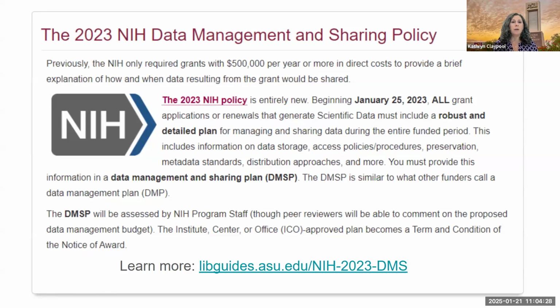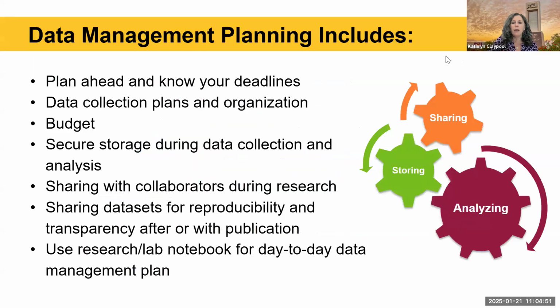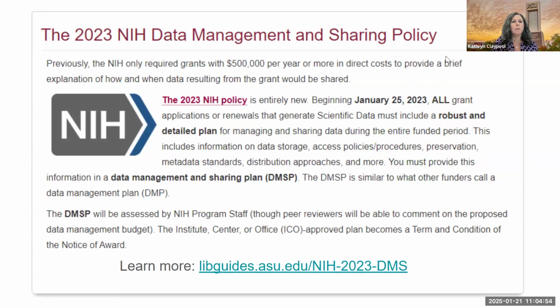Since then, there's been a couple other things that have come out. One of which, most recently, was another policy regarding sharing genomic data, for both human and non-human genomics. So it was about sharing genomics data as well.